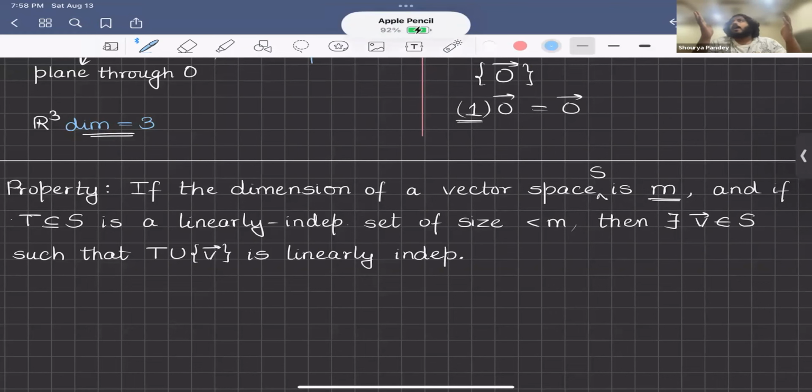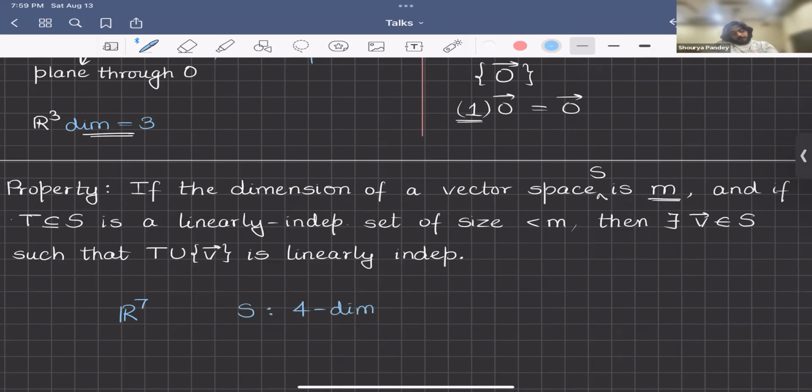Let's talk about smaller terms first, but for a plane it just becomes easy. So suppose I have R to the 7 and I'm looking at S to be a 4-dimensional subspace, which is a vector space inside R to the 7.